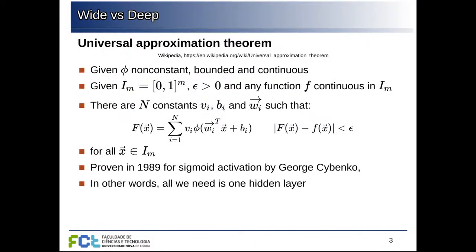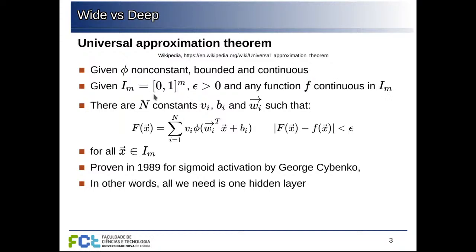There is this theorem, the universal approximation theorem, that tells us that we can approximate arbitrarily any function with a single hidden layer. More formally, suppose that we have one function that is non-constant, bounded and continuous, for example, the sigmoid activation function, and we have this function f that we want to approximate.